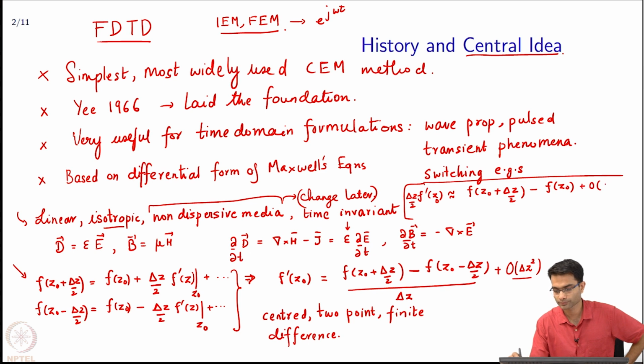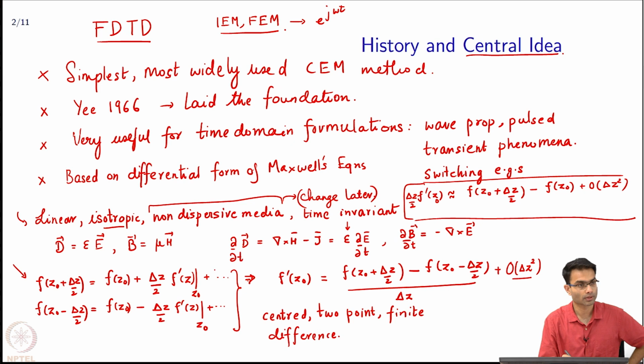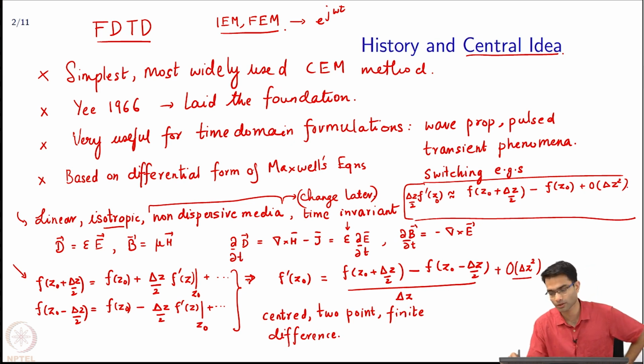Order of delta z square. Now I can divide this expression on both sides by delta z by 2. No, I have just rewritten this first equation. The first equation had second order terms and so on, which I am ignoring. So when I divide this equation by delta z by 2, what happens? The error becomes of order delta z, right?